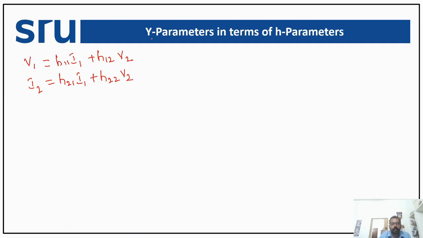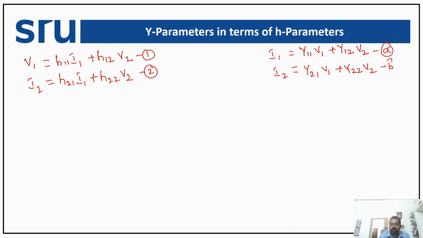How do my Y parameters look? I1 and I2 are dependent, whereas V1 and V2 are independent. So it is I1 equal to Y11 V1 plus Y12 V2 and I2 equal to Y21 V1 plus Y22 V2. Now let us name these as 1 and 2, and these as A and B equations.